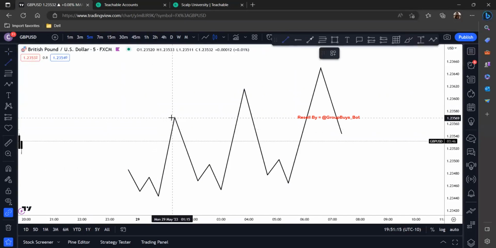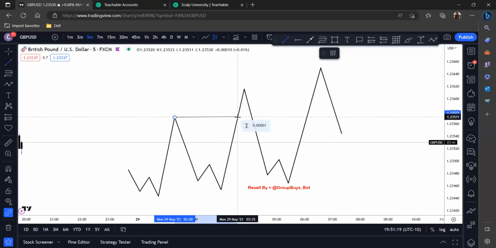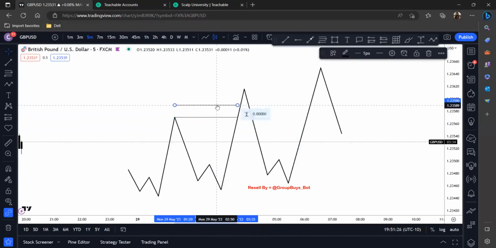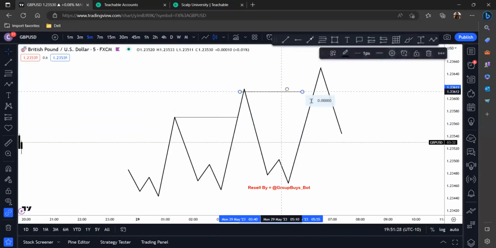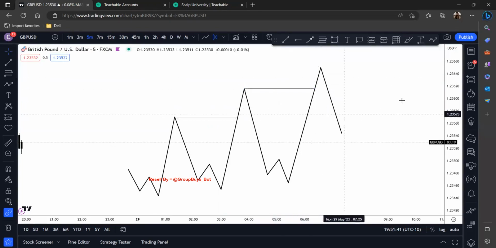We have a break of structure here, and we also have a break of structure up here. Okay. Now, what is our current trading range?